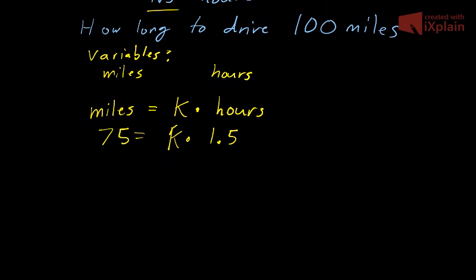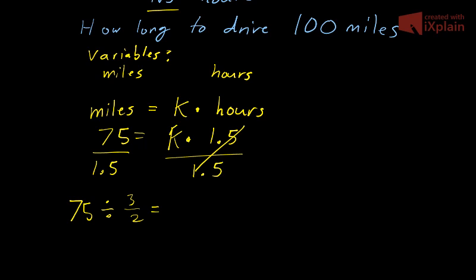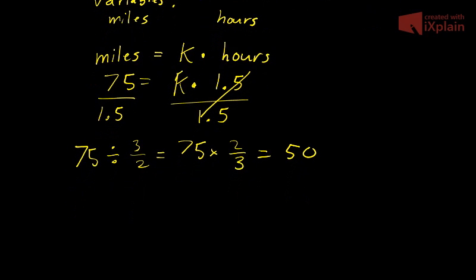Again, k is multiplying, and the opposite of multiplication is division, so we divide both sides by 1.5. 75 divided by 1.5 is the same as 75 divided by 3/2, which is 75 times 2/3, which is 50. So 50 is equal to k.